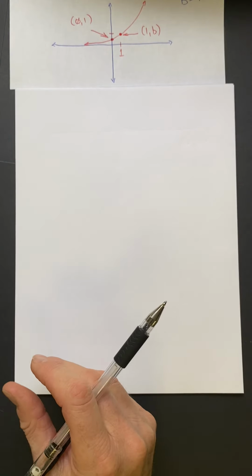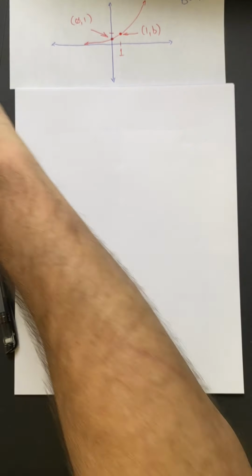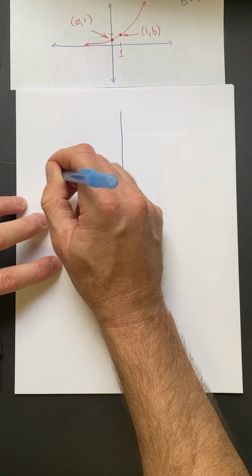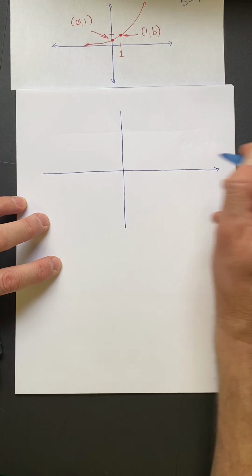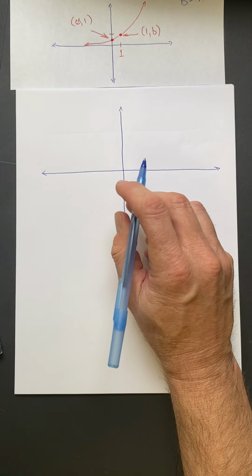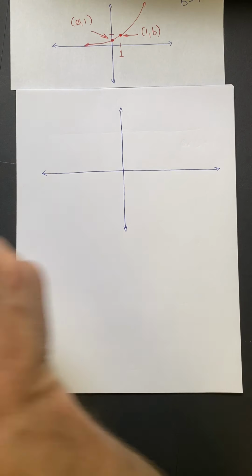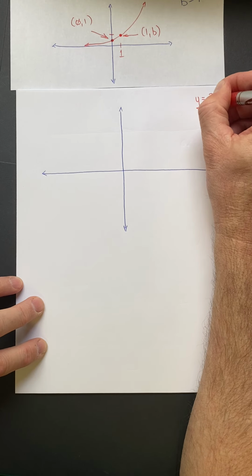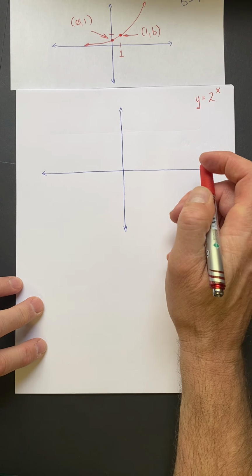So now I want to show you on a graph a relationship between e and some of these other functions. Let's say we had y = 2^x.